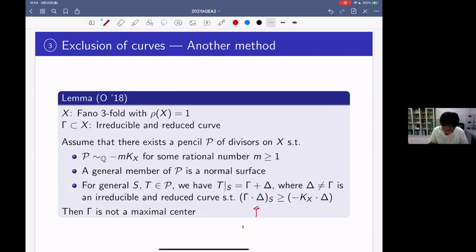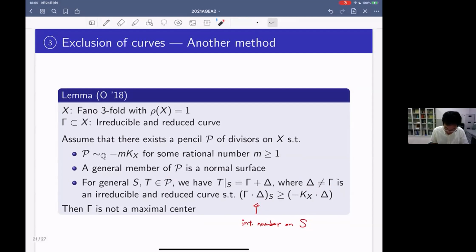This is an intersection number on a normal surface, yes. So delta is different from gamma. Under this assumption, we can conclude that gamma is not a maximal center. So I want to apply this lemma.